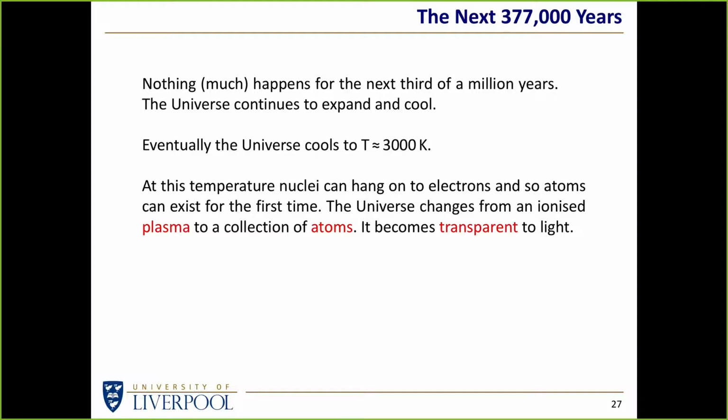Up to this point, the plasma has meant that photons of light have been essentially unable to move freely about the universe because they keep bouncing into positive charges here and negative charges there. But now we have atoms that have no net charge. Now photons can fly through the universe because the universe has become transparent. The light is released at this point.